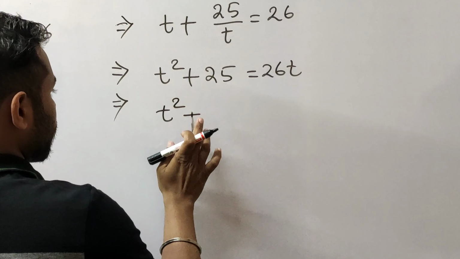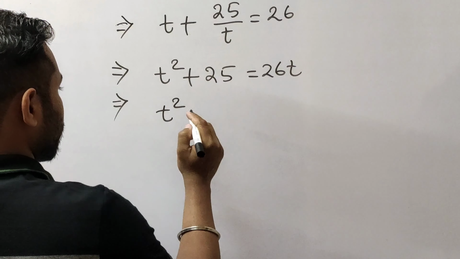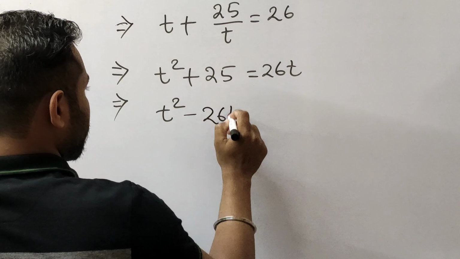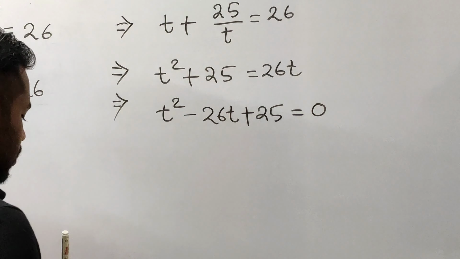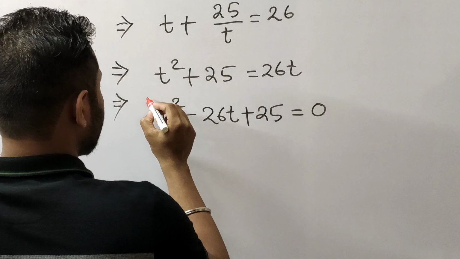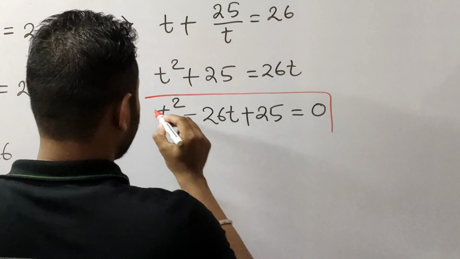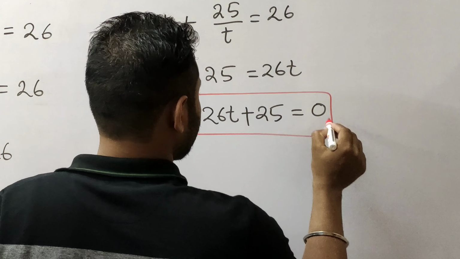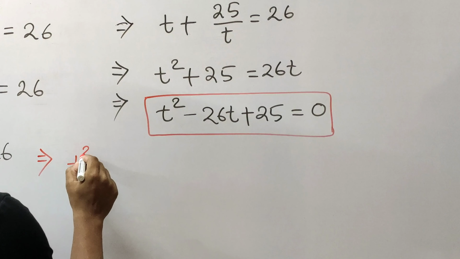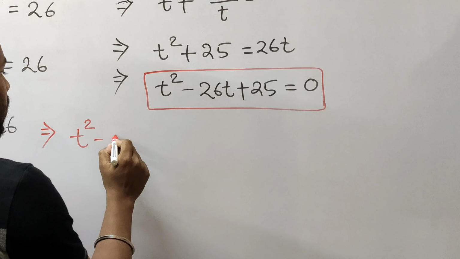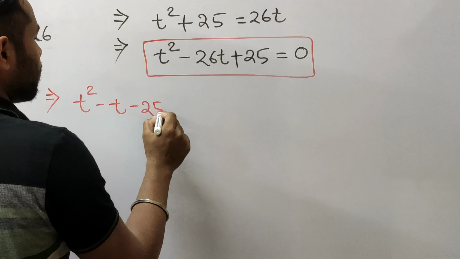Now this is going to be, okay, so this is my quadratic equation. Let's check if we can solve this one using factorization method. So what I can do now here, I can do t square minus t minus 25 t.